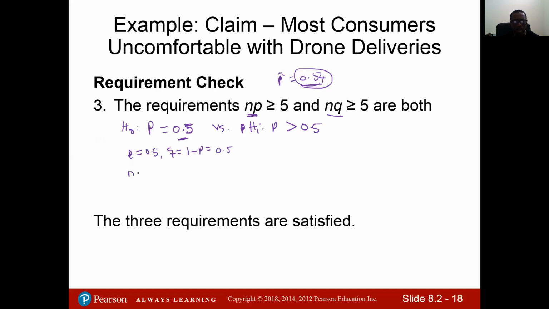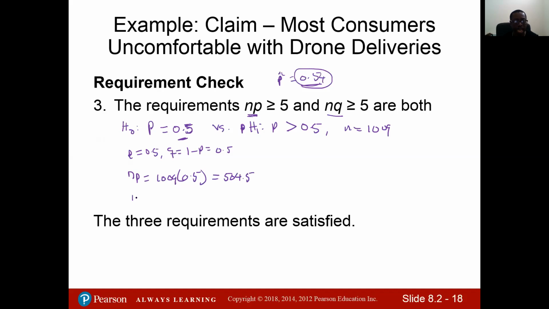So let's find n times p. My n is 1009. So 1009 times 0.5 will give me 504.5.